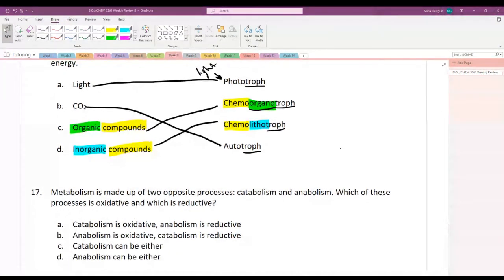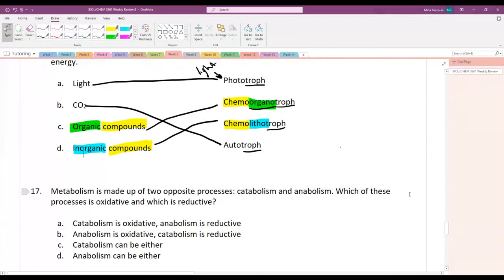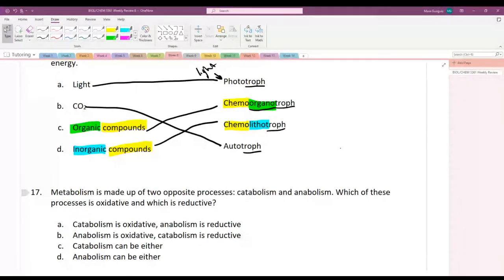So metabolism is broken up into two processes, like it says here, catabolism and anabolism. Okay, and yes, there's one that's oxidative, one that's reductive, but basically we eat and we break down what we ate. So I ate a sandwich, and that sandwich had bread, cheese, meat, whatever.